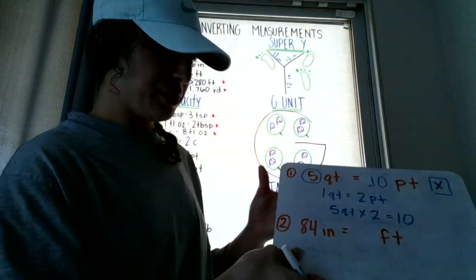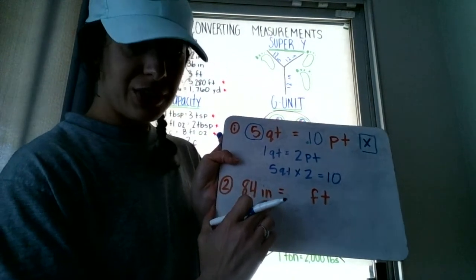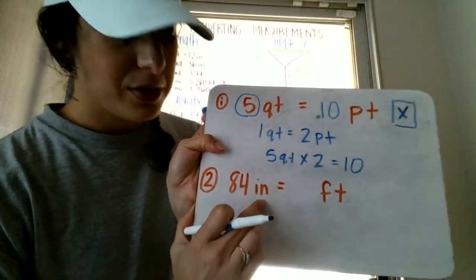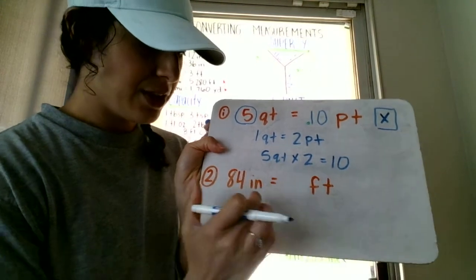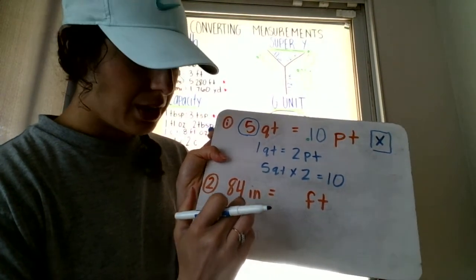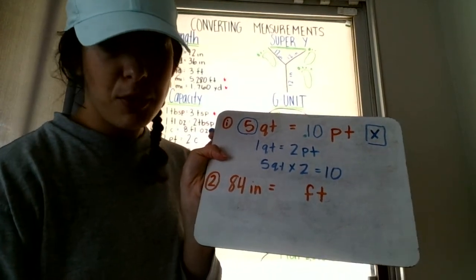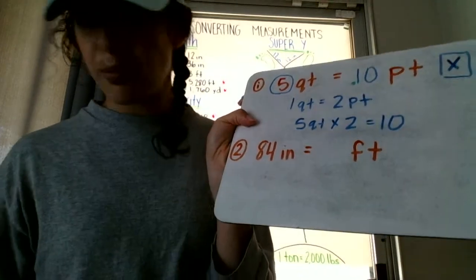Now, problem number 2. I have 84 inches, and I want to see how many feet are in 84 inches. So now let's think. I'm going from inches to feet. Does that mean I'm going to multiply or I'm going to divide? Remember my lid?